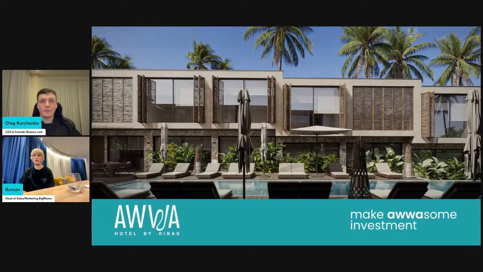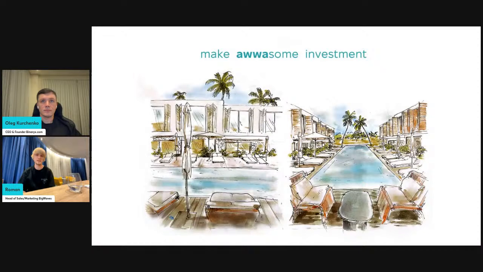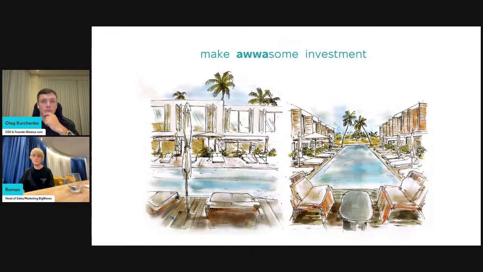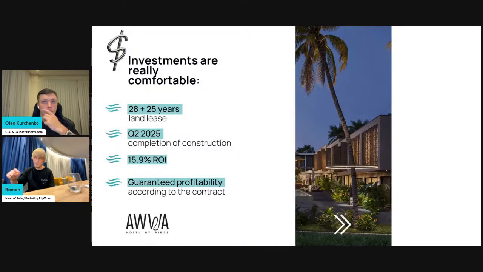Yeah, great. So first of all, we are a Ukrainian building company. We have built for 12 years in Ukraine, and a year and a half ago we started to go to the Bali region. So we already have 3 objects on Bali, and AWWA is our object in Canggu. It's the most modern city in Bali, with the highest concentration of restaurants, beach clubs, and where all tourists go. That's why our main stage here is rest after vacation.